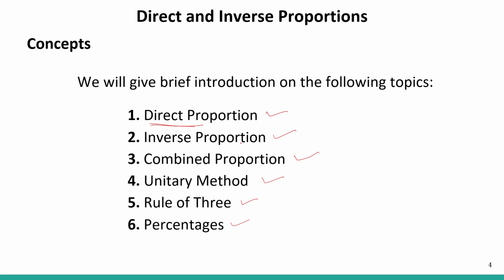When we talk about inverse proportion, we have to discuss the difference between direct and inverse proportion. We will see what combined proportion is and how it is different from direct and inverse proportion. We will also see the unitary method and the rule of 3. Then we will see percentages and their role in direct and inverse proportions. Okay, so let's go forward.